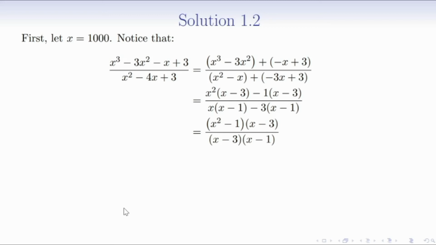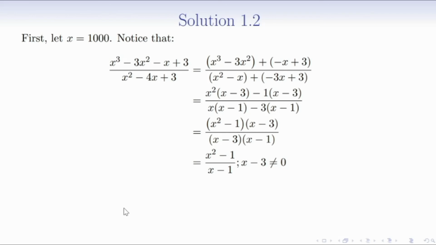Okay? So if we continue, we can now express them as a factor. It will now become x squared minus 1 times x minus 3 divided by x minus 3 times x minus 1. And because x minus 3 is not equal to 0, it's evident 1000 minus 3 is definitely not equal to 0. 997 is not equal to 0.